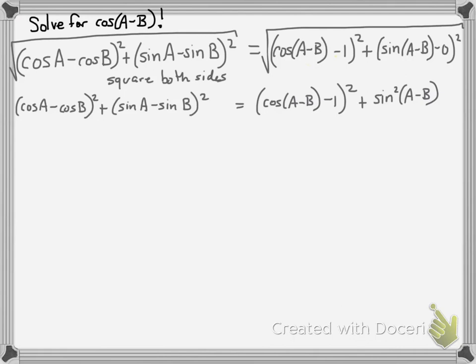Alright, now looking at what we have remaining, we have three different terms that are being squared, and what we're going to want to do is to expand each of them.